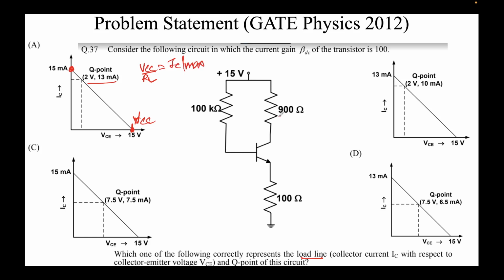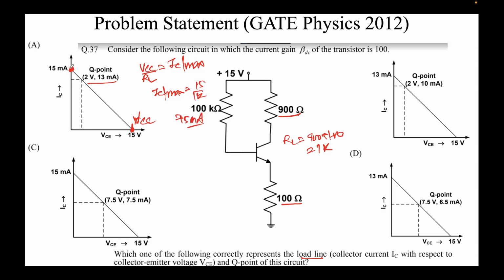RL is nothing but 900 plus 100, which is equal to 1 kilo ohm. So IC max will come out to be VCC, 15, by 1k, which is 15 milliamps. So IC max should be 15 milliamps, which is this point. So you can see 15 milliamps and 15 volts are the intercepts of this load line.